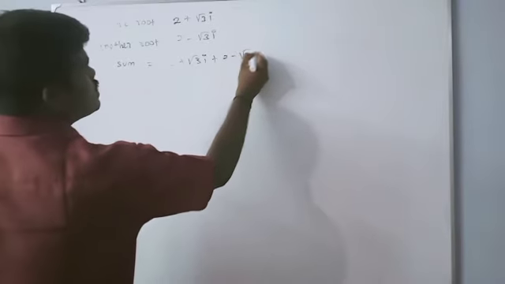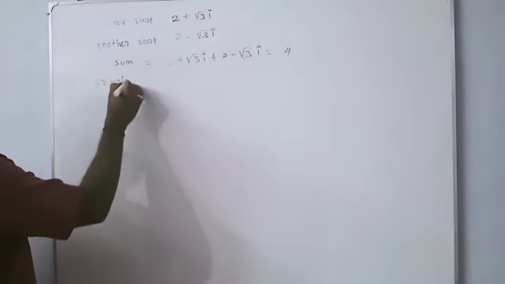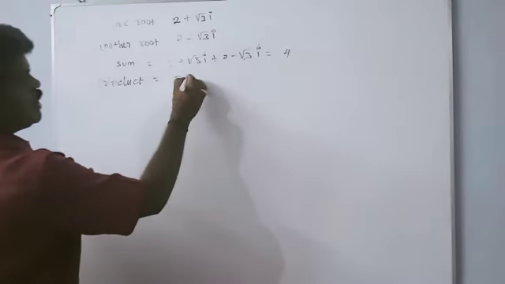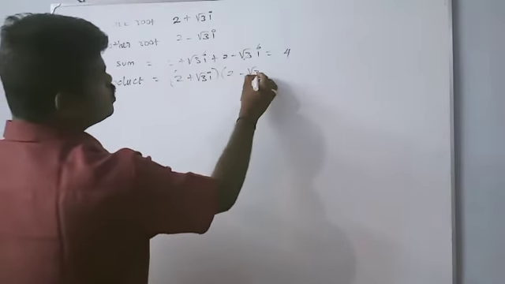Now, sum of the roots. What is the value? 2 plus root 3i plus 2 minus root 3i. Cancel these two terms. What is the value? 4. And the product of the roots: 2 plus root 3i into 2 minus root 3i.